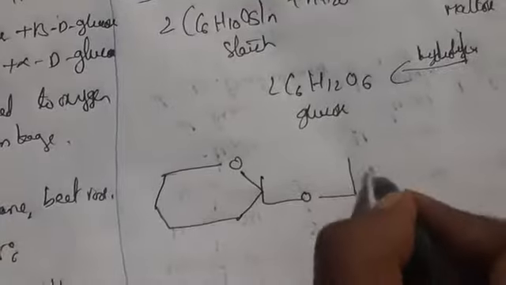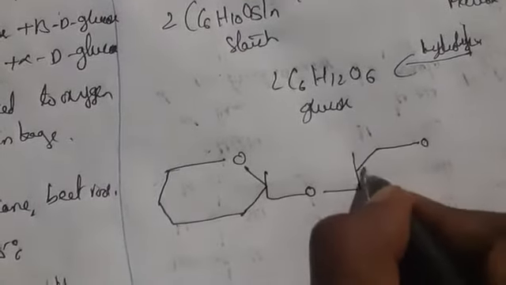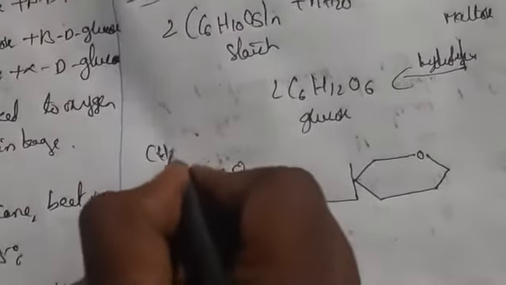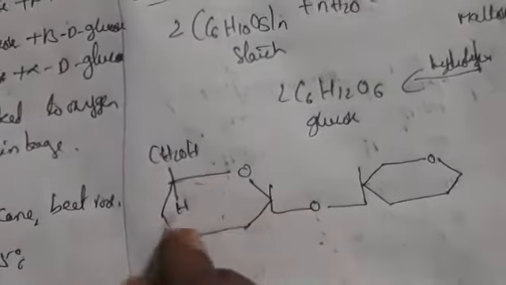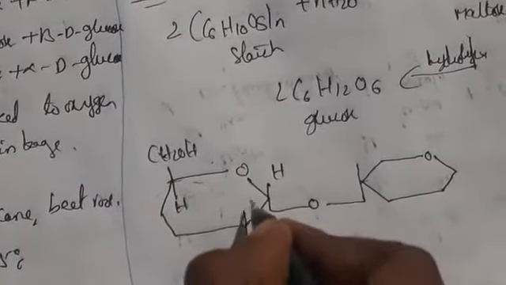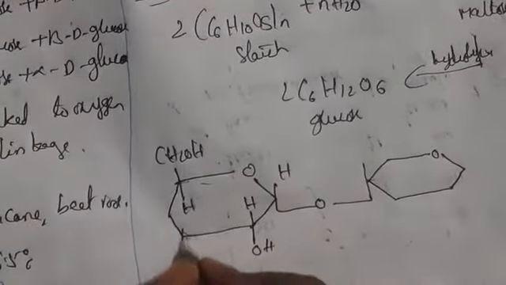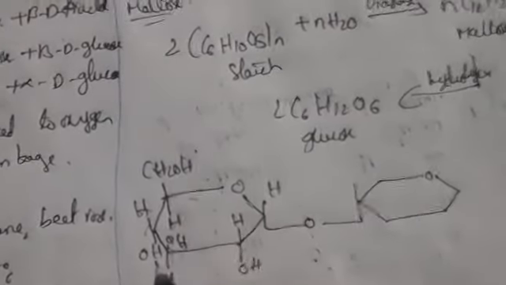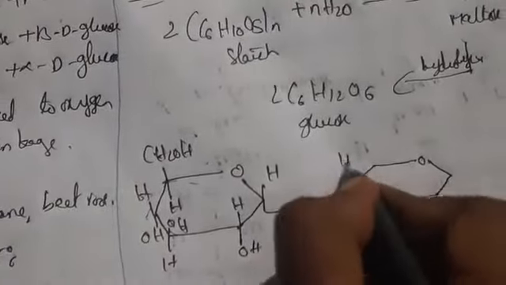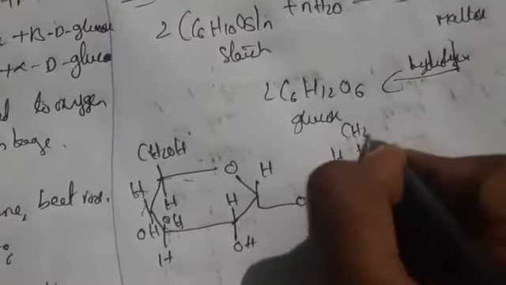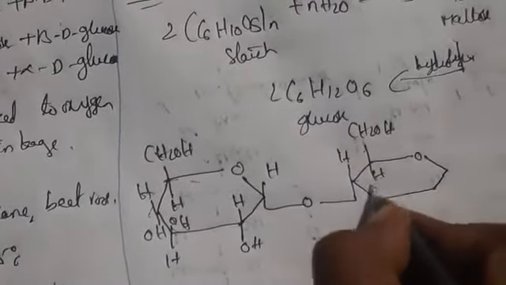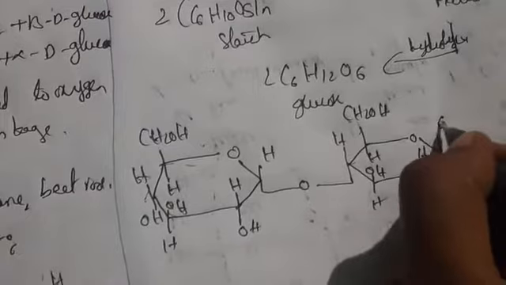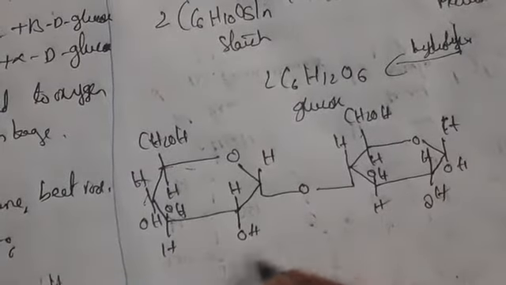This one we call glycosidic. The structure has CH2OH, H, OH, H, OH, H, OH, H, OH.